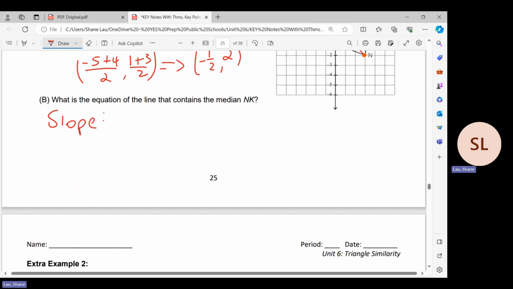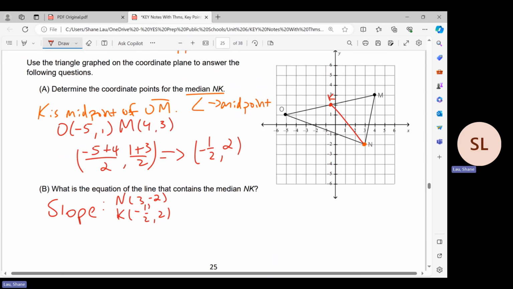Of course, we must have our values again. So N was the value of, what would we say, 3, -2. And K is the value -1/2, 2. Slope is the rise over run. So it's y2 minus y1.